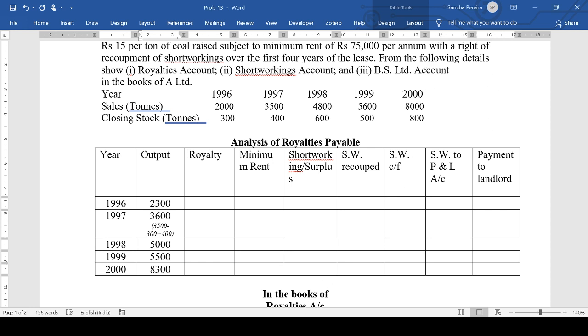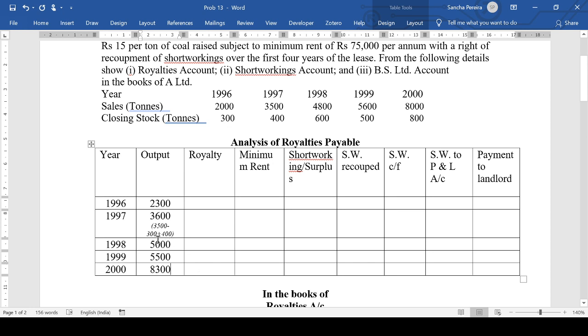Yes, fine. I think the first year is understood, 2,300. How much is sold and how much was left? That is the total amount raised. But in the next year and the following years, what we have to do? 3,500 is the sales. Now, when you're selling, you'll sell what you raised this year plus if anything is left from last year's stock. So basically, this 3,500 includes the closing stock of last year.